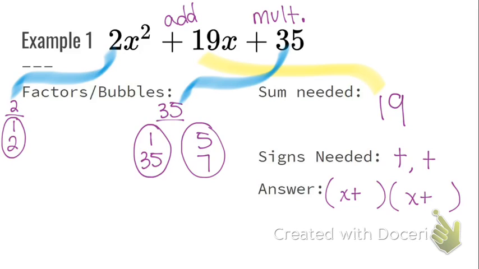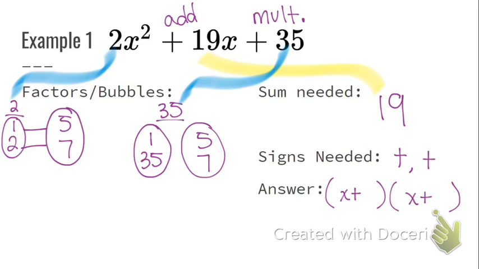So let's try 5 and 7. Okay, we could either connect these straight across or you can crisscross them. So you just have to figure out which way is going to work. Let's just try straight across for now.